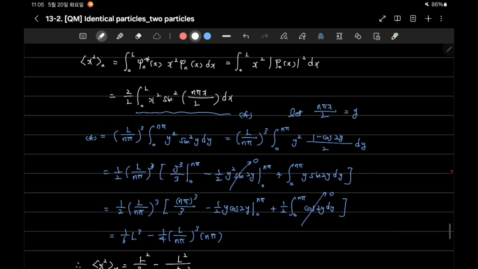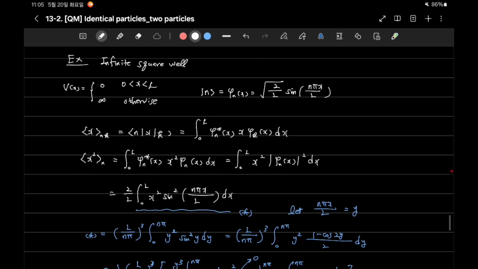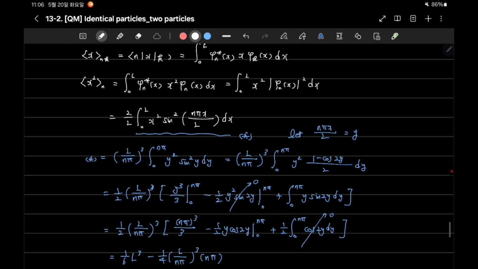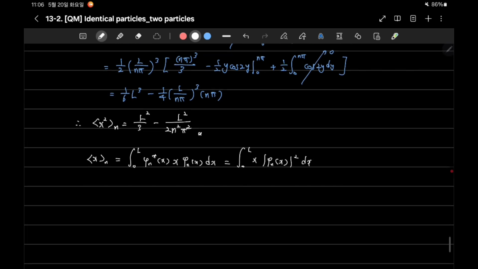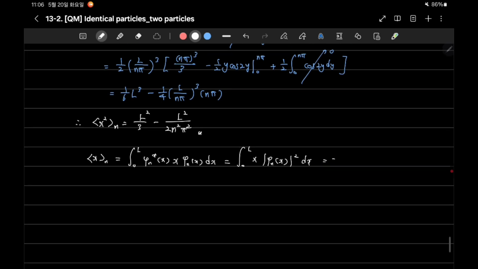From the phi function in the quantum infinite square well, it is 2 over L integration from 0 to L of x sine squared (n pi x over L) dx. So let's denote it as 2 star.